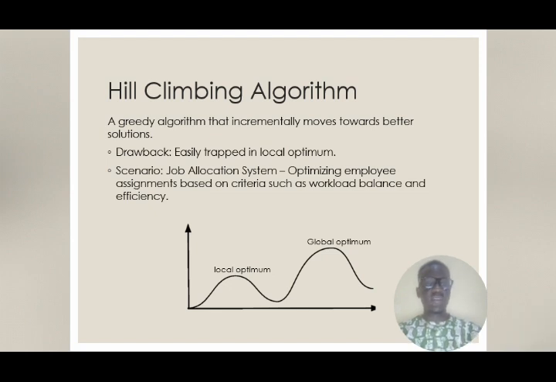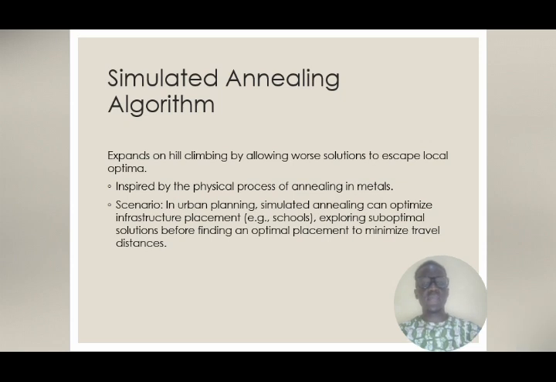Now there is also the simulated annealing algorithm. This one expands on hill climbing by allowing worse solutions to escape local optima. It's derived from the process of metals cooling gradually, slowly. So it's more like a reverse of hill climbing.